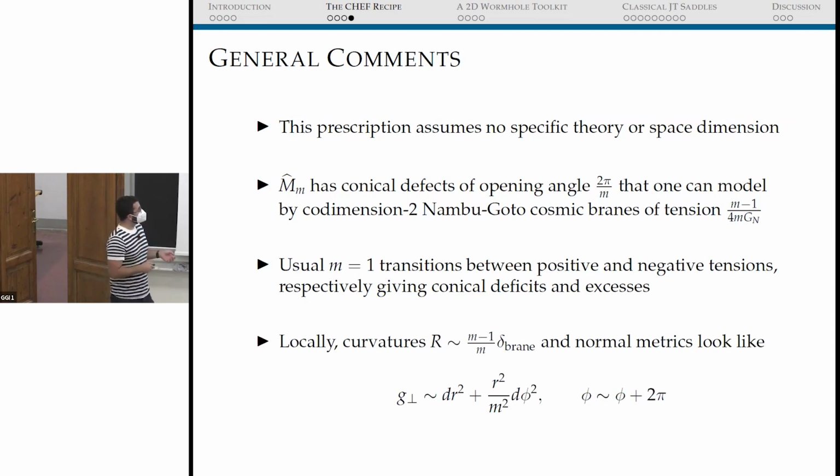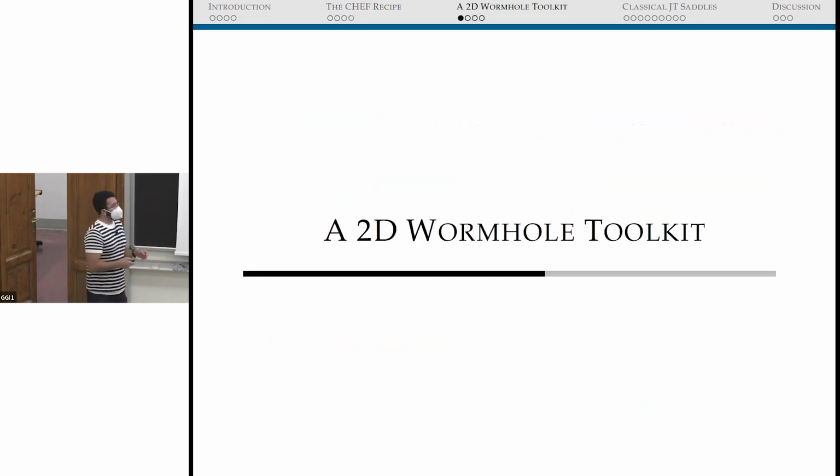And if you want a more geometric picture of what happens near one of these defects, it is the usual situation of a cone, the tip of a cone. You can model the Ricci scalar with some delta function if you include the point in the manifold. And the normal metric just looks like this, where, well, you get a tip of a cone, right? Now, if we look at 2 dimensions, we can be a bit more explicit. So I'm going to introduce a couple of ways of thinking about these geometries in 2 dimensions.